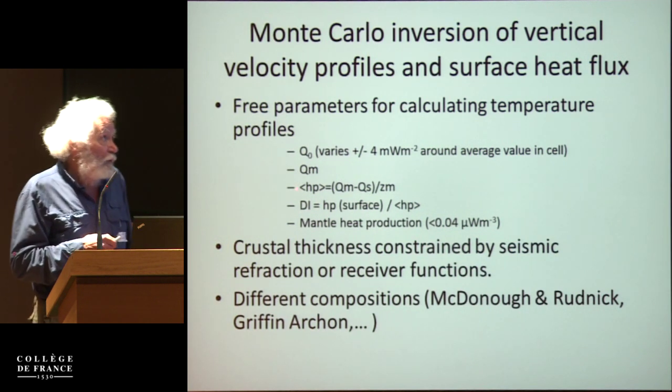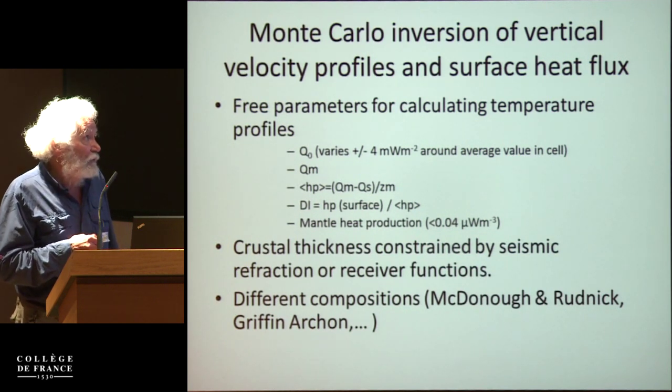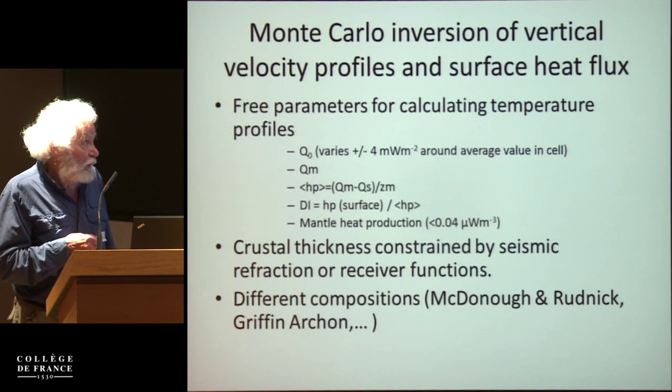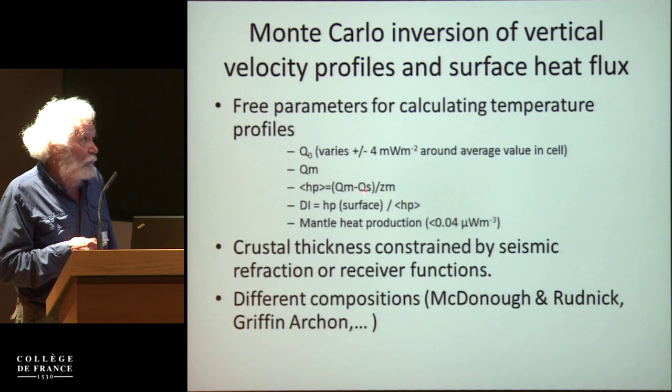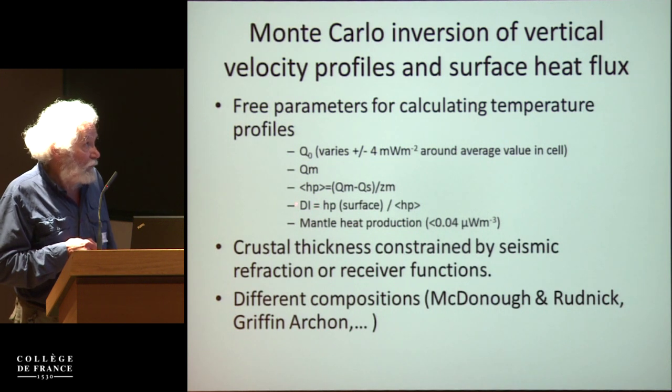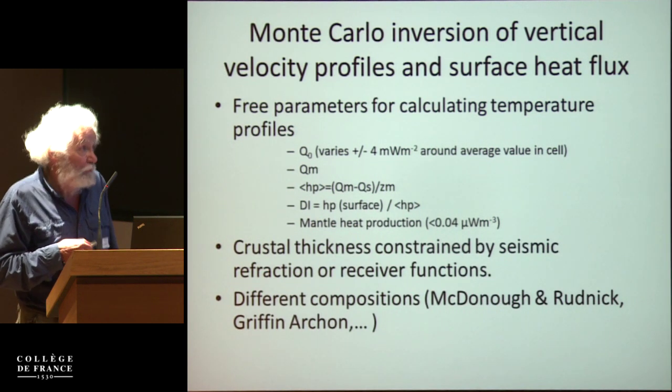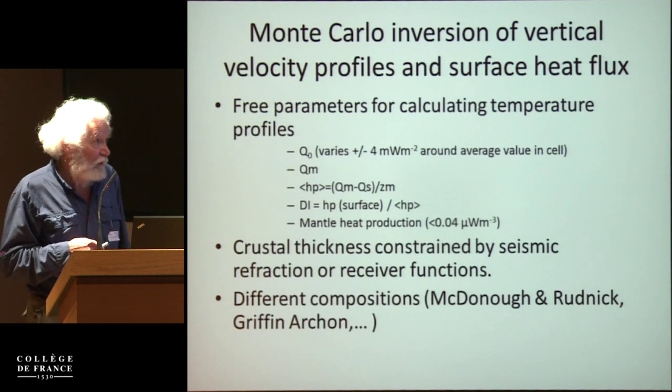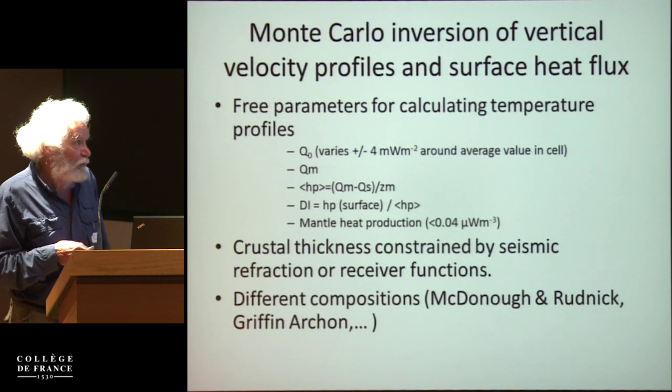Okay? We are letting mantle heat flux vary. That determines crustal heat production. We are going to let the differentiation index vary, okay? And we are also letting mantle heat production vary, although we do believe that mantle heat production is small.